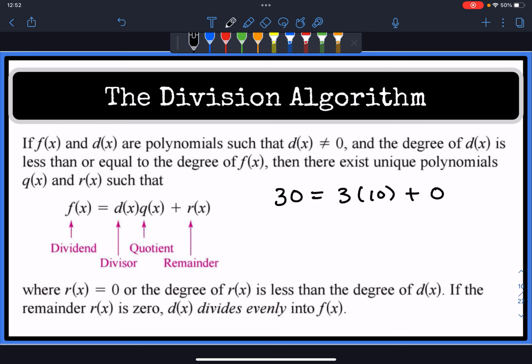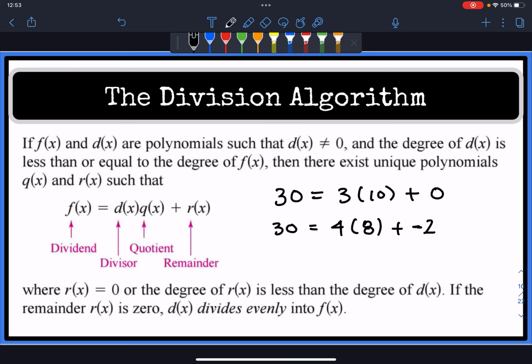Or I can write the number 30 as 4 times, let's say, 8, which is 32, plus negative 2. You see how that equals 30?